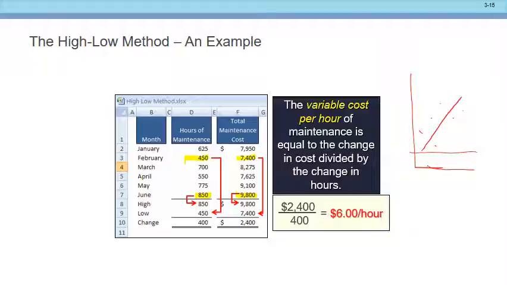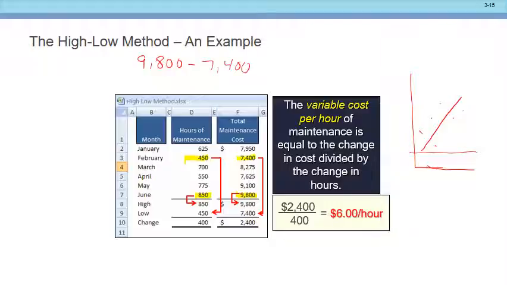Okay, and so now we can get the slope for this line. We just take this 9,800 minus 7,400, good.